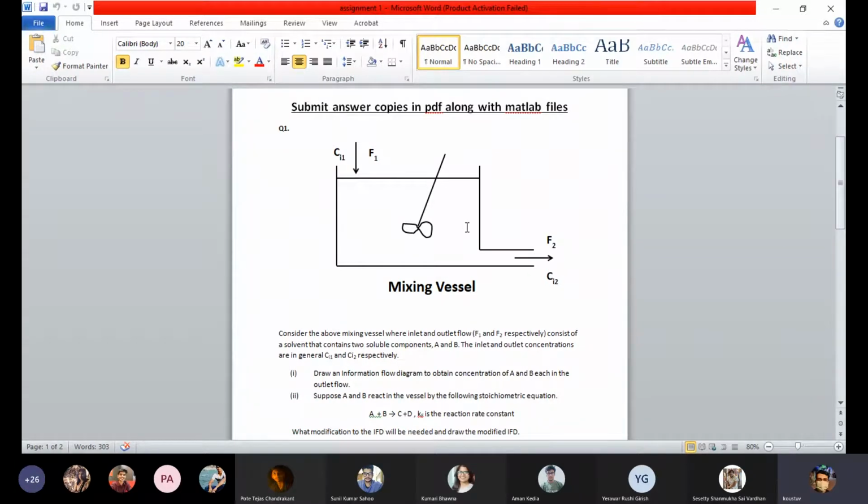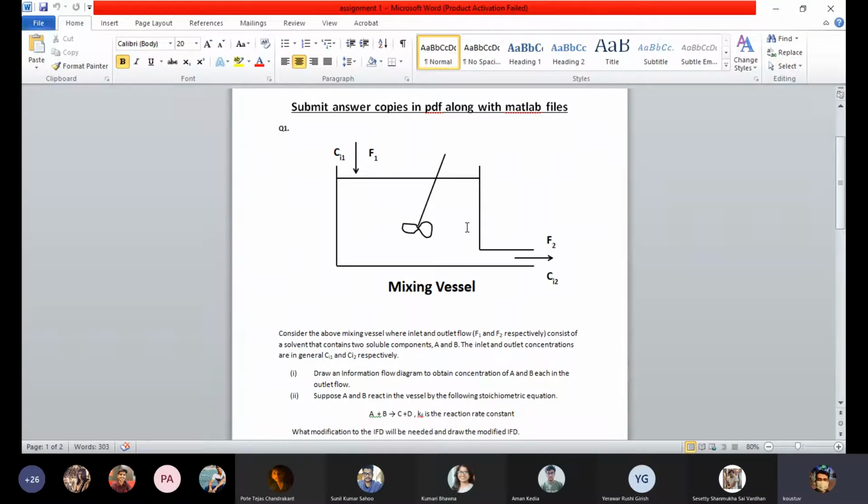The purpose is to mix them and see the outlet concentration in the combined flow, so you have to add A and B at the inlet point separately. That modification will be there. I will modify the question after the class and post it again so that the whole class remains knowledgeable about these corrections. Okay, thank you.